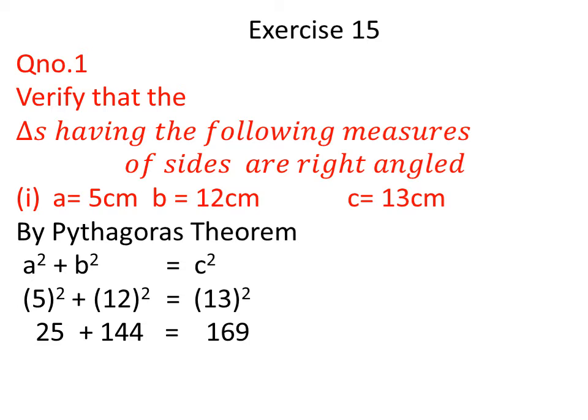By solving the terms on the left hand side we get 169, and we write 169 on the right hand side as it is. So we get both equal values. So we have proved that the given sides are the sides of a right angle triangle.